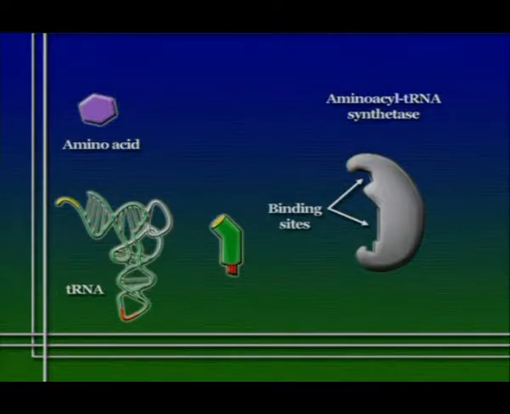So the structure of this protein has a region in it that will interact, because of its shape and the unique physical chemical characteristics of the molecule or the atoms around that piece of the shape, specifically with just one kind of tRNA based on the structure of that tRNA. The other binding site of the aminoacyl tRNA synthetase molecule is specific for just one kind of amino acid.